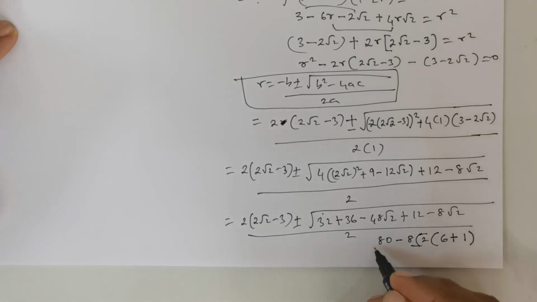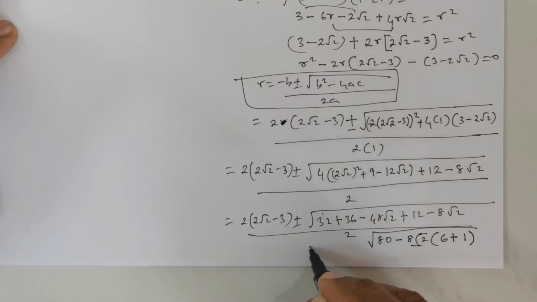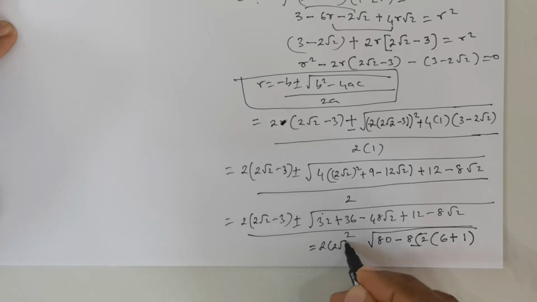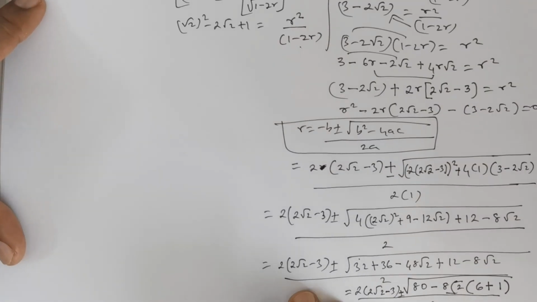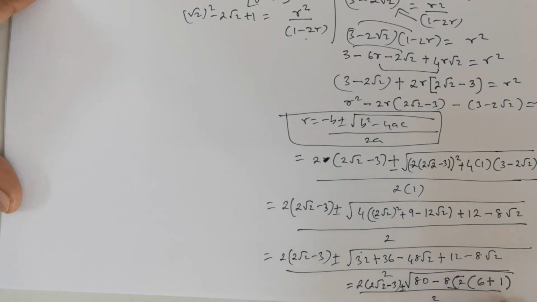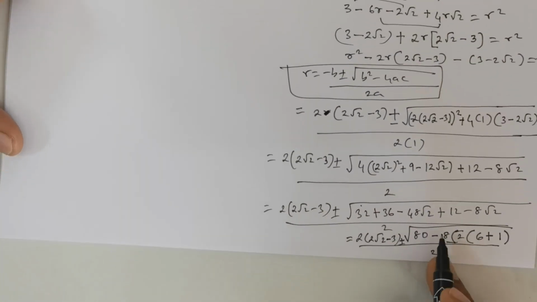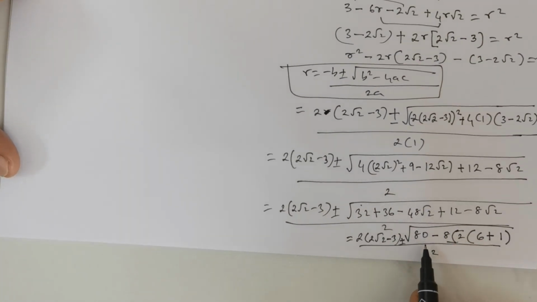So all right, this is under the square root, and you have 2 times (2 root 2 minus 3) divided by 2. This is plus or minus. Okay, so you have this value. Now what I wish to do is take a square root of 56. Can I?